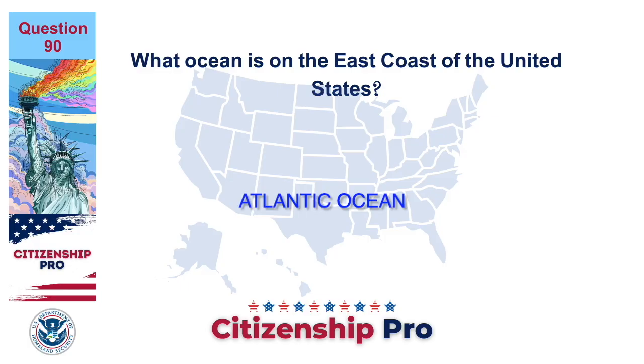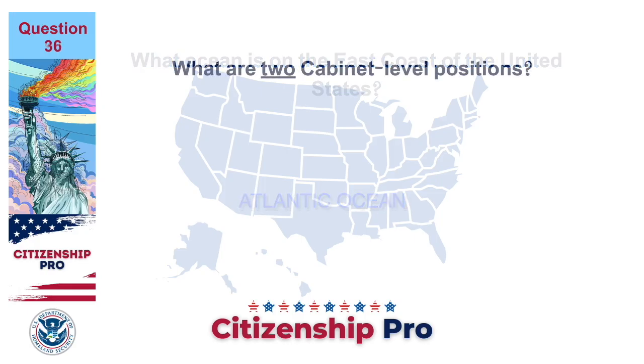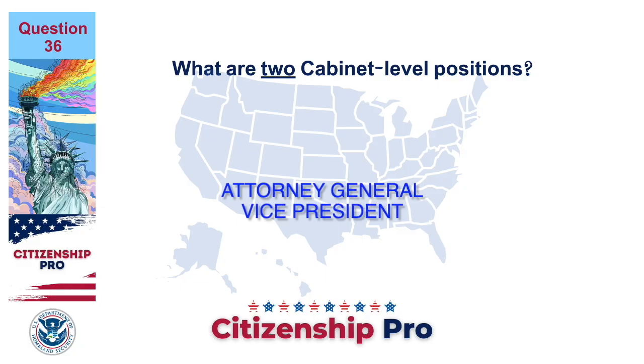Atlantic Ocean. What are 2 cabinet-level positions? Attorney General, Vice President.